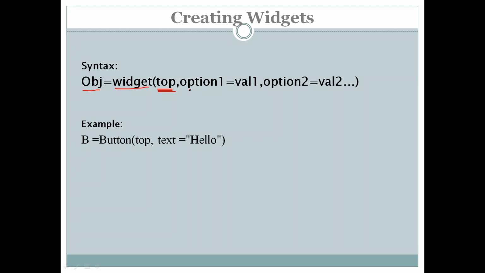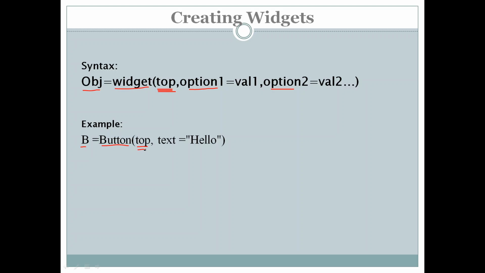Apart from that, there are other options or parameters which need to be passed in pairs, that is name value pairs. So name value comma name value, like this any number of parameters can be passed to the widget. One example is given here. To create a button, we may use something like this: B is equals to Button(top).